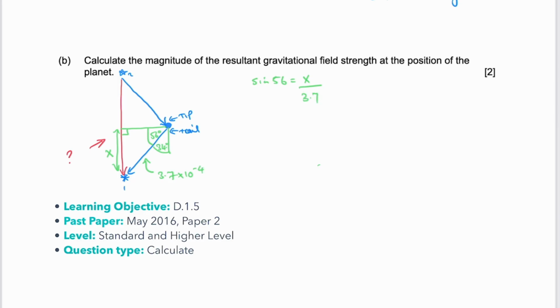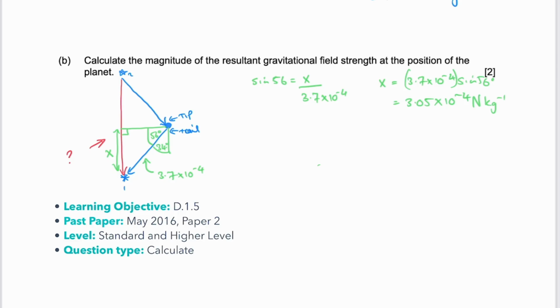So divided by 3.7 times 10 to the minus 4. That means the length of x is 3.7 times 10 to the minus 4 times sine 56, which gives us a value of 3.05 times 10 to the minus 4 newtons per kilogram. That's only due to star 1.